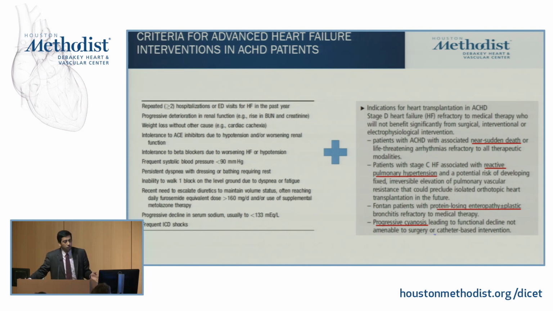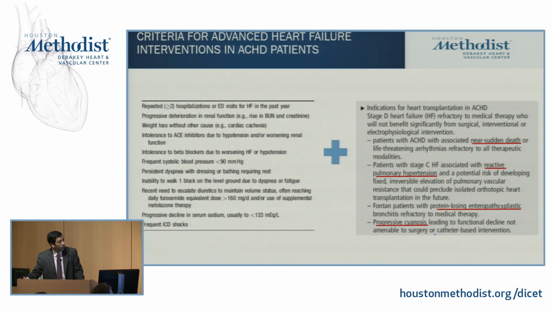So this is very generic for any patient with heart failure, but when it comes to patients with adult congenital heart disease, I want to go over a few things. Patients with adult congenital heart disease who've had a near sudden death event or life-threatening arrhythmias should be considered for heart transplantation.